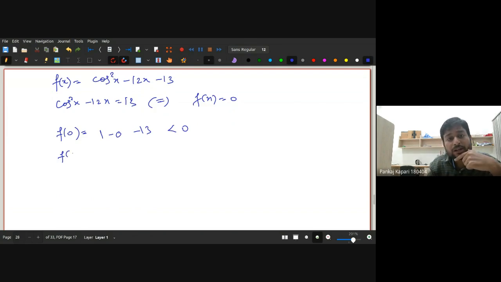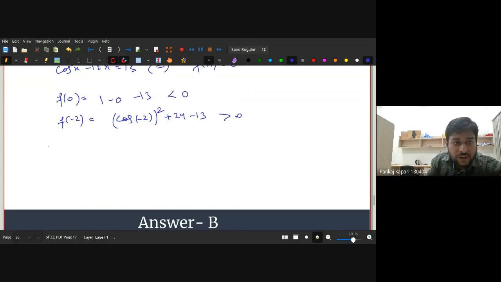What about at x equal to minus 2? If you take its value at x equal to minus 2, you can see that cos of minus 2, squared, is a positive value, and then at minus 2 you will have plus 24 and minus 13. Okay, you can see that this is positive, right?